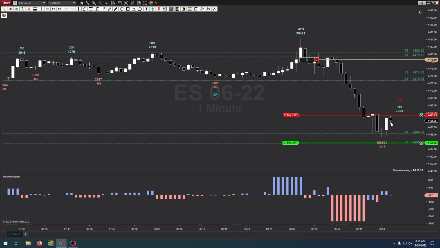That confirmed a swing high, so I'm going to trail it to there even though it's not closed yet. I should have left my target here. It happens. So I wasn't trying to be greedy, I just saw the supply coming in right here, so I decided to try to move it down just a little bit.